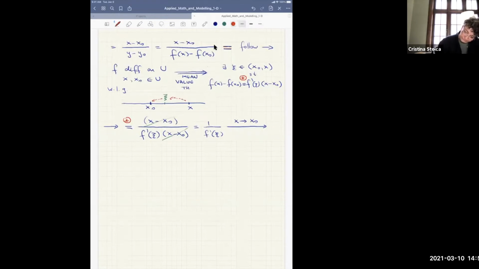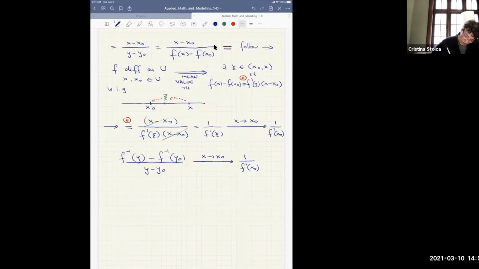We're just suffocated. Okay, so in conclusion, what we got is that (f minus 1 of y minus f minus 1 of y naught) over (y minus y naught) tends, when x goes to x naught, to 1 over f prime of x naught.